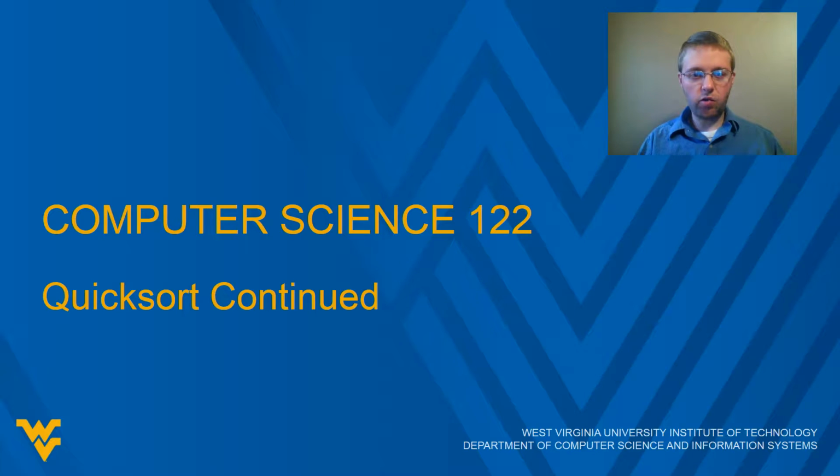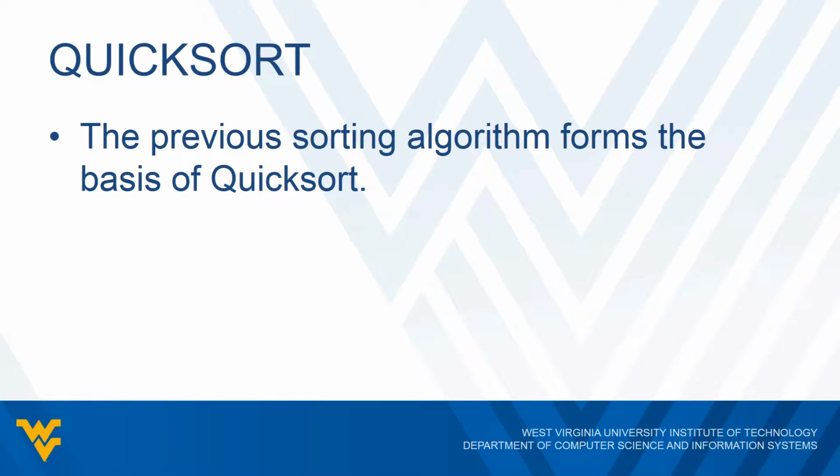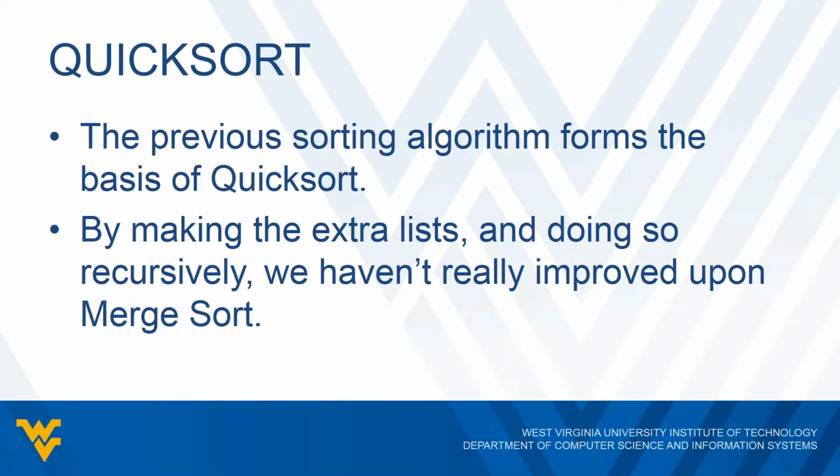In this lecture, we will continue our discussion on quicksort. At the end of the last lecture, we talked about a very simple sorting algorithm. This sorting algorithm actually forms the basis of the quicksort algorithm. But we still have a problem because we're making extra lists and we're doing recursive calls because we're splitting our array, or I should say partitioning it, into 3 sets.